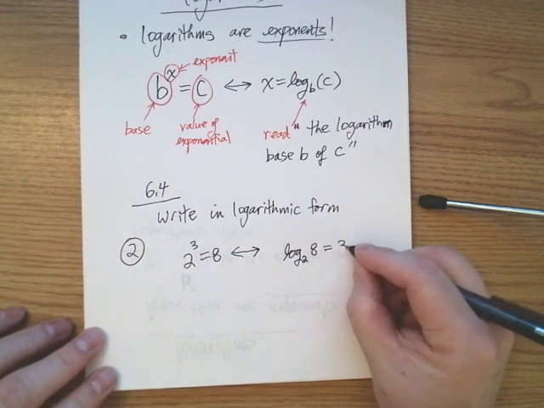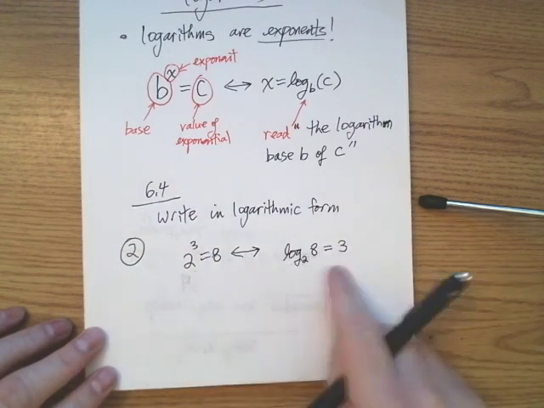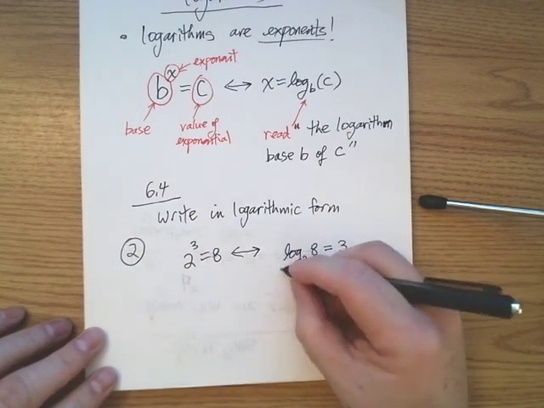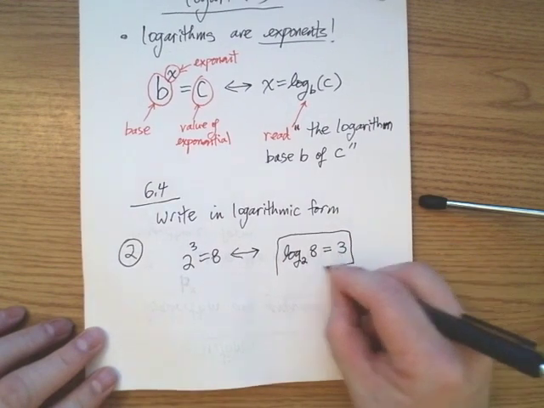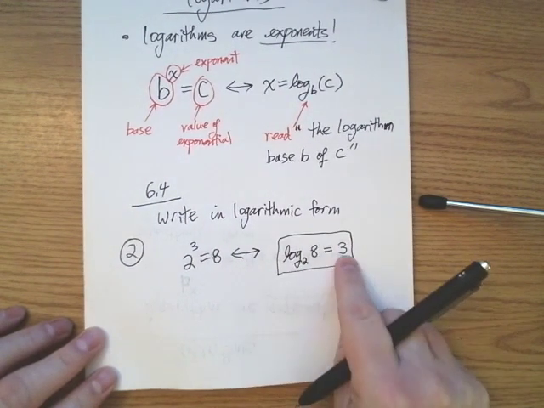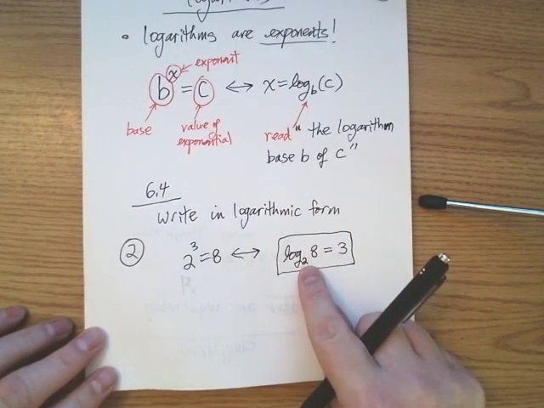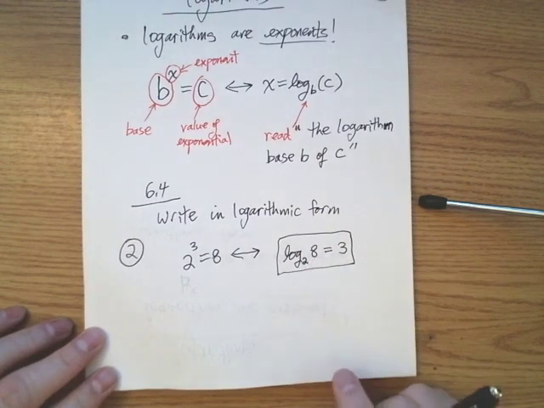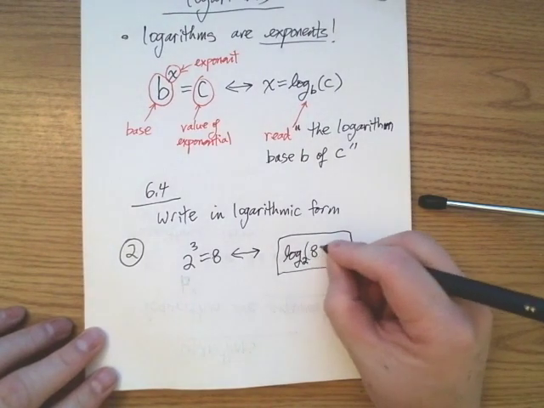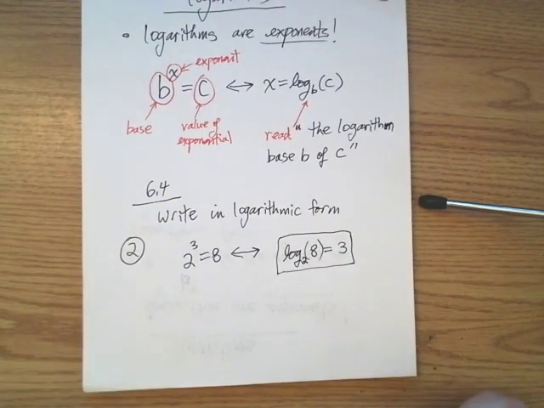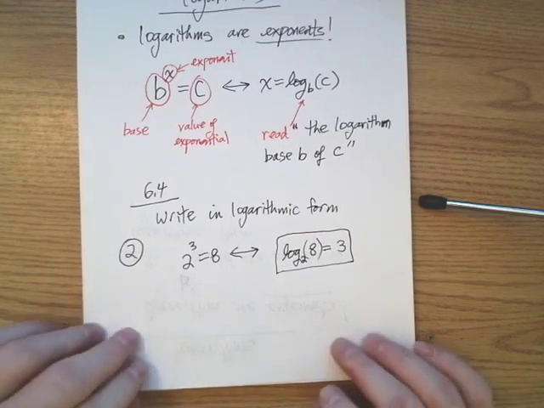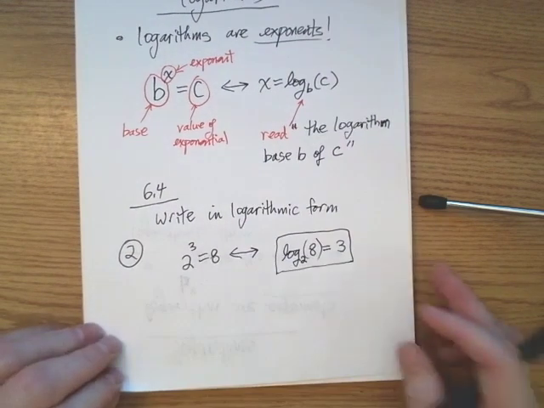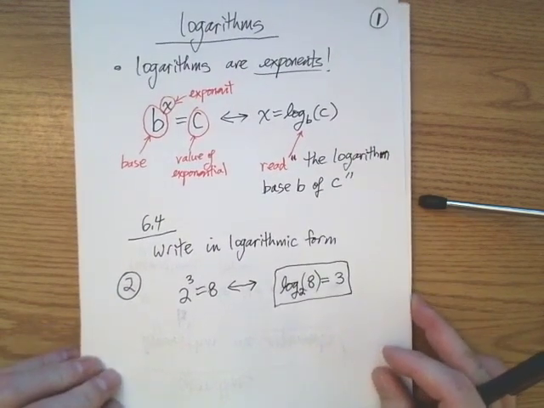So these two are saying exactly the same thing in two different ways. 3 is the power you have to raise 2 to get 8. Some people like to incorporate parentheses there sometimes. I will do that now and then, just to make things clear. All right, let's do some more of these.